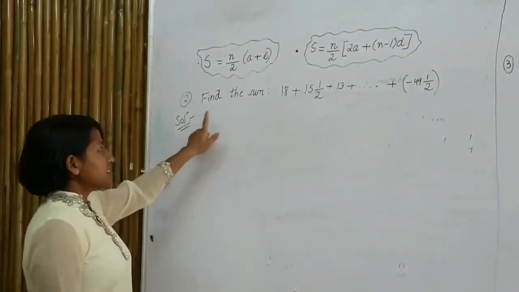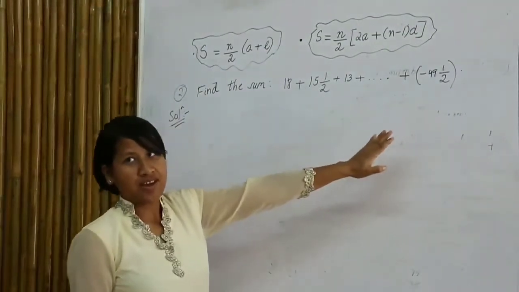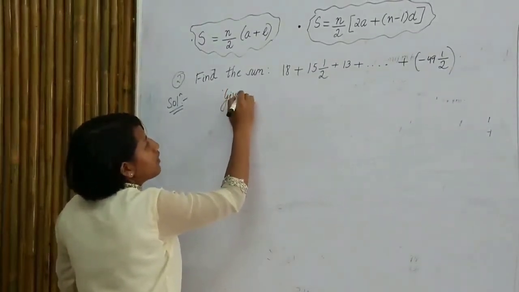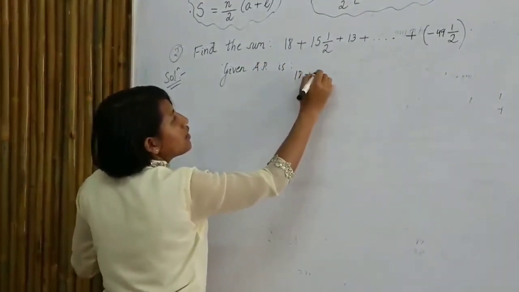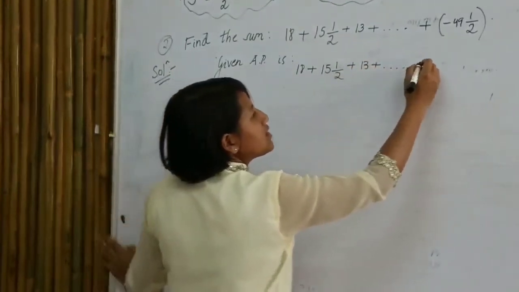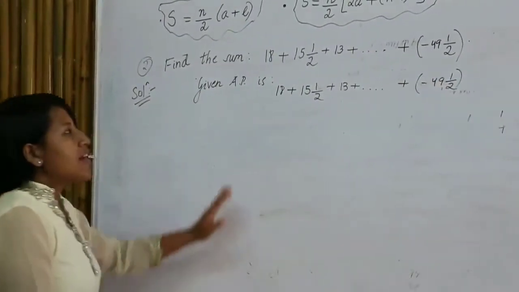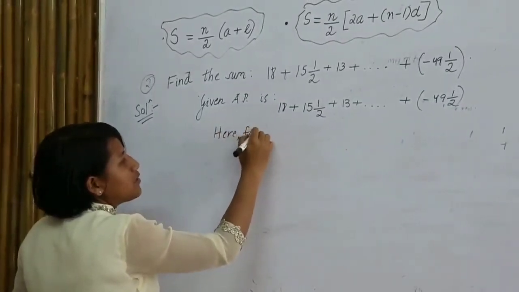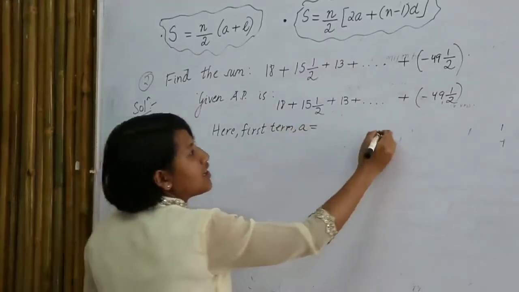Now for the second problem, find the sum of this AP. Initially, given AP is 18 plus 15 and a half plus 13 plus, up to minus 49 and a half. Then as always, here first term is what? First term and common difference.